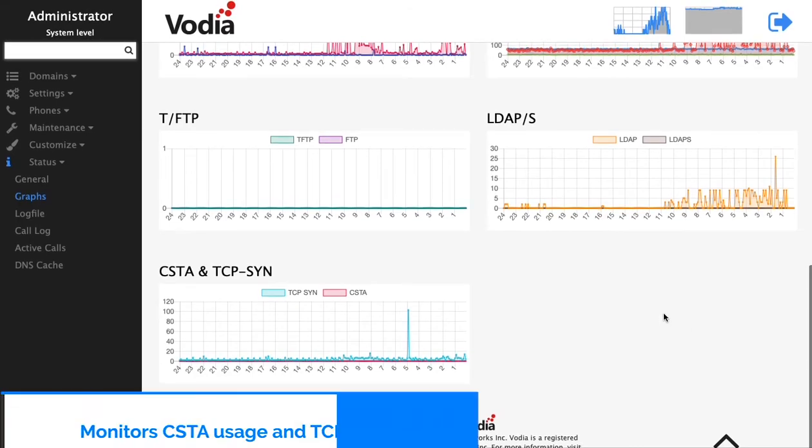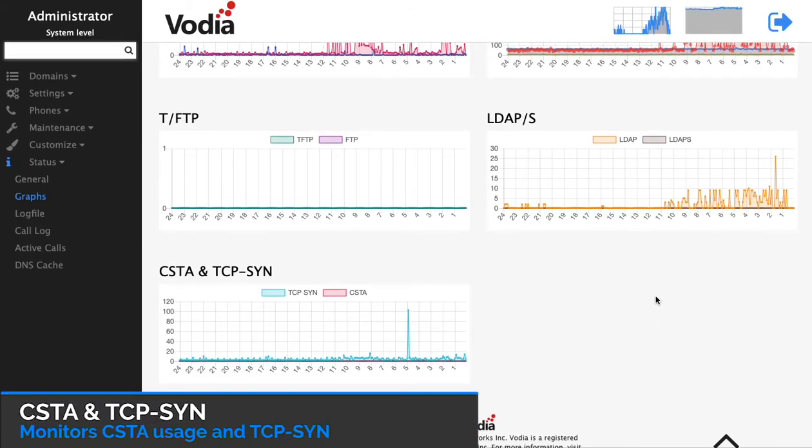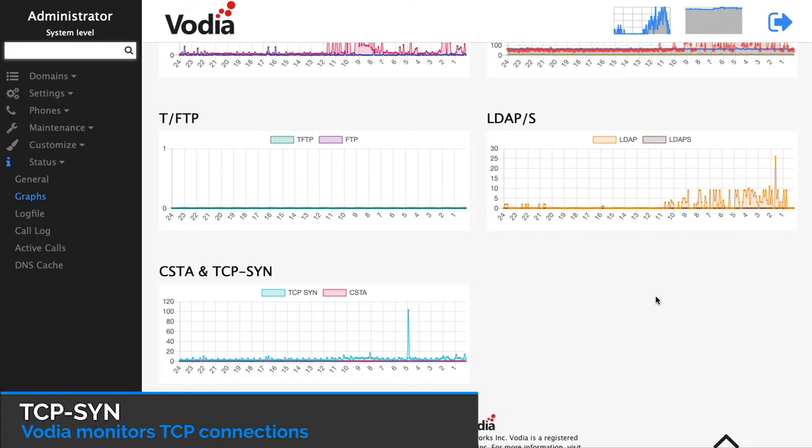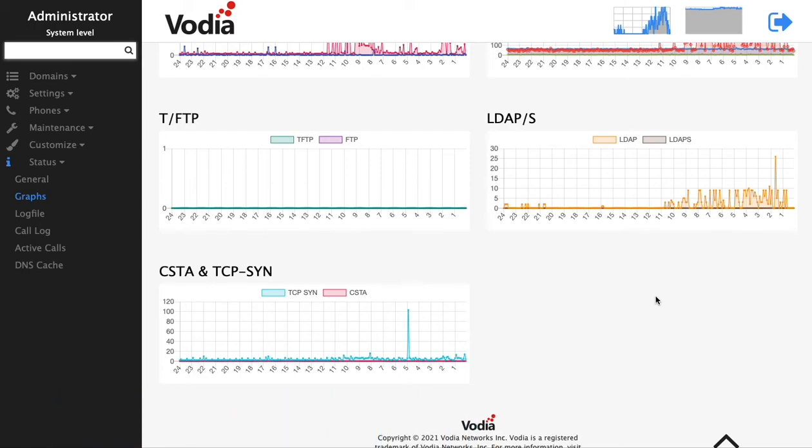And last but not least, another important graph is the CSTA. I mean, we're monitoring CSTA as well, but this is really only interesting if you are using CSTA. In this system that's not the case, so that's a 0 everywhere. But we're monitoring the TCP SYN. That means every time a TCP port is being opened, we're counting that.